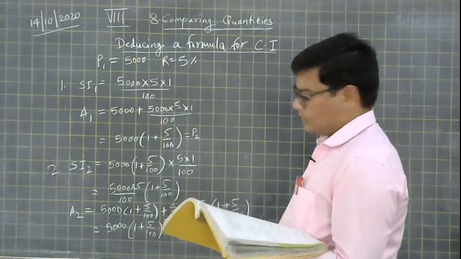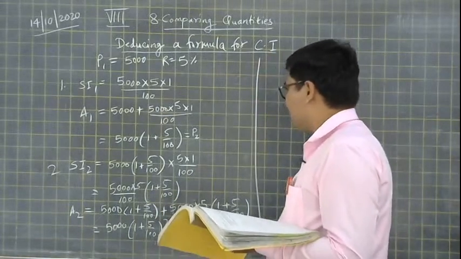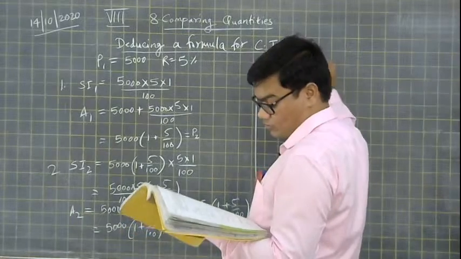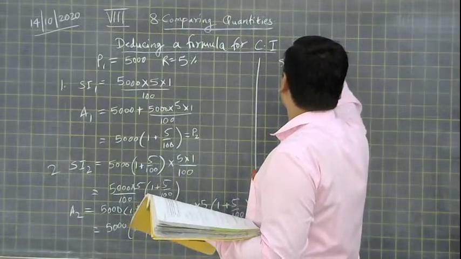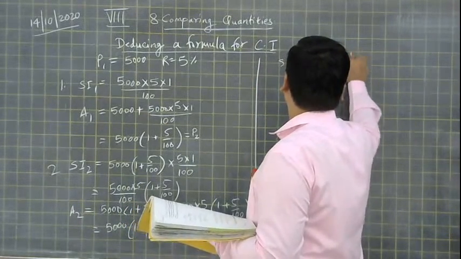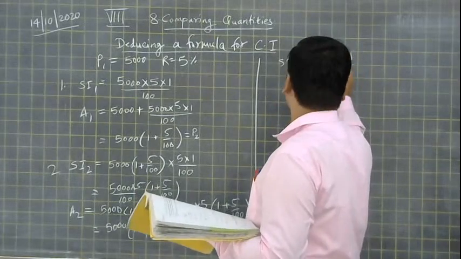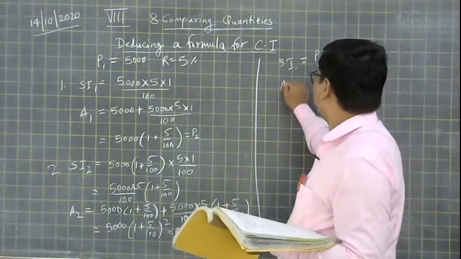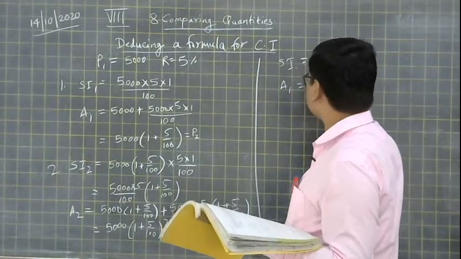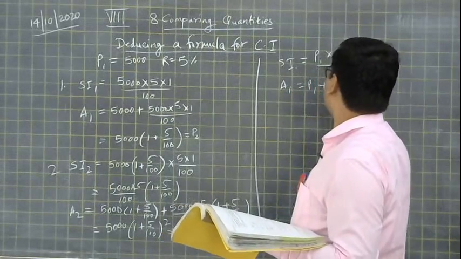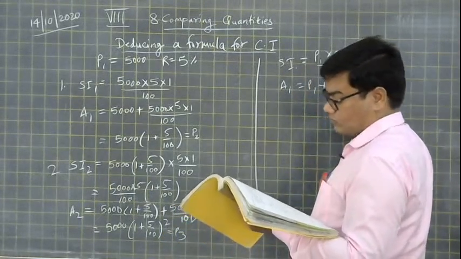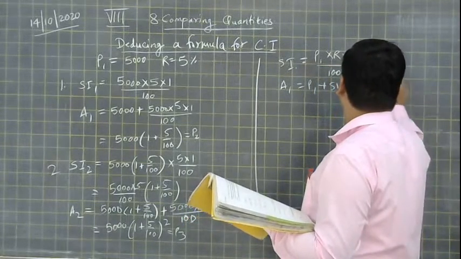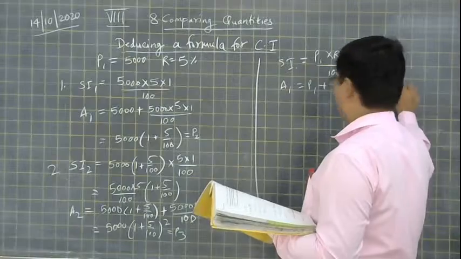Now we can look here, SI1 is equal to P1 into R into 1 upon 100. A1 will be equal to P1 plus SI1, so this is equal to P1 plus P1 R upon 100.